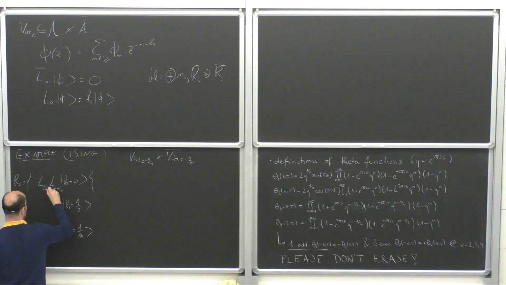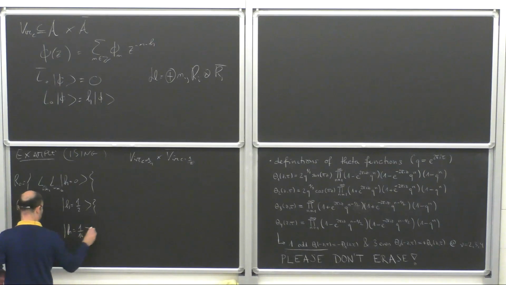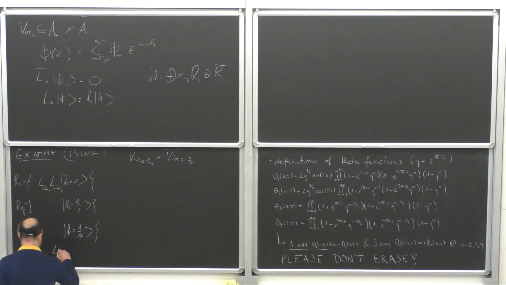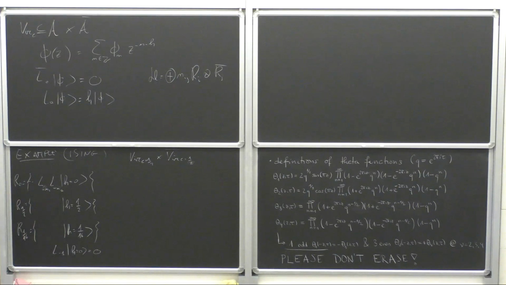Here one has to be careful, especially in this case, because not all of these states are actually linearly independent. There are some linear relations here. The easiest is that L minus 1 on h equals 0 is 0, for example. But essentially these generate the representations.